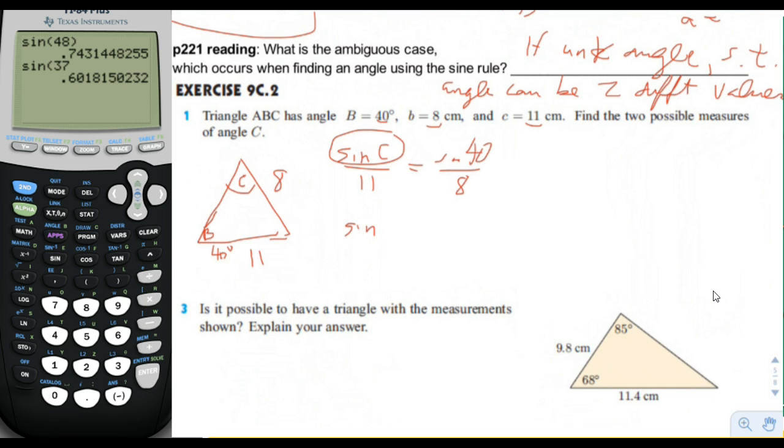Okay, so now we just need to solve for sine of C. So sine of C is equal to sine of 40, which we can solve on a calculator. Sine 40, make sure you're in degrees, is 0.643.